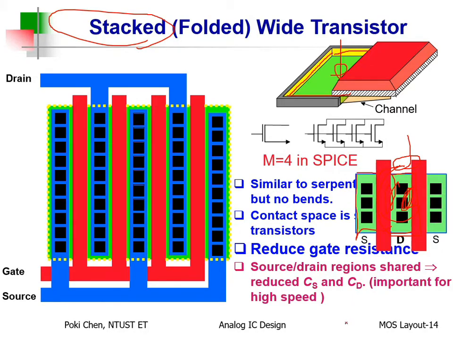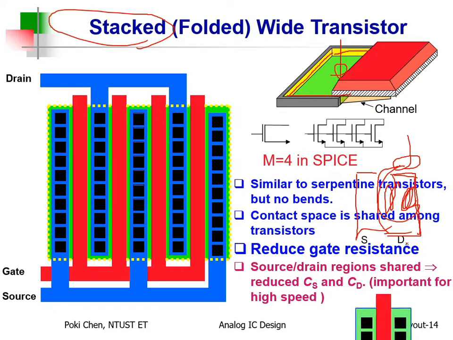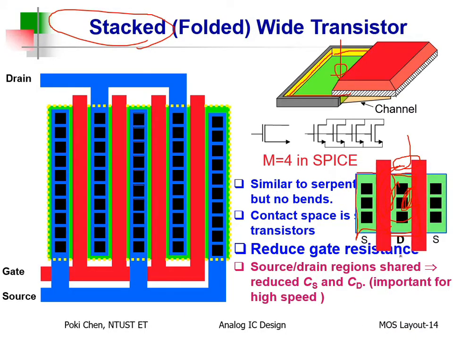So the bottom plate is reduced by 50%. Okay? And how about the sidewall? For each one, you have 3, right? But after overlapping, we have only 2 small ones, shared by 2 transistors. Got it? And how about the long walls? Finished. Got it?